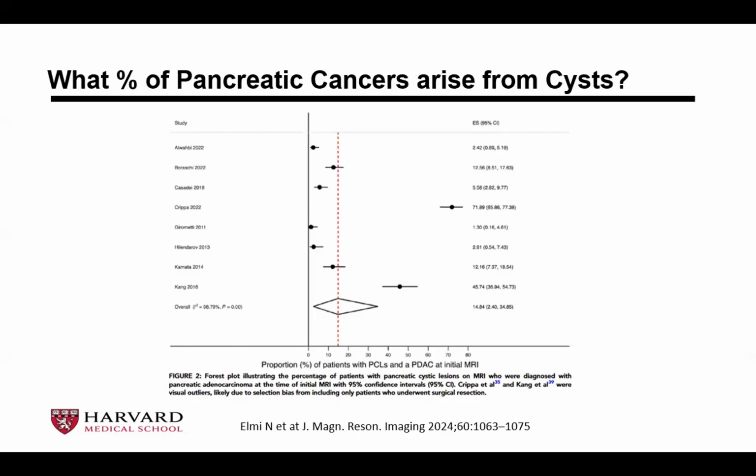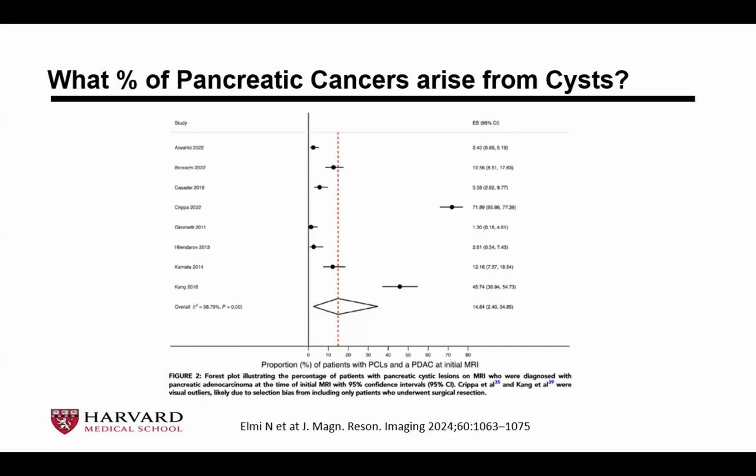But if you eliminate those two outliers because they recruited a very selected group of patients, like only those who were going to undergo surgery, the true estimate is closer to 5%. So in other words, even if we were able to magically cure all IPMNs, we're probably going to have only a very minimal effect on the morbidity and mortality of pancreatic cancer.